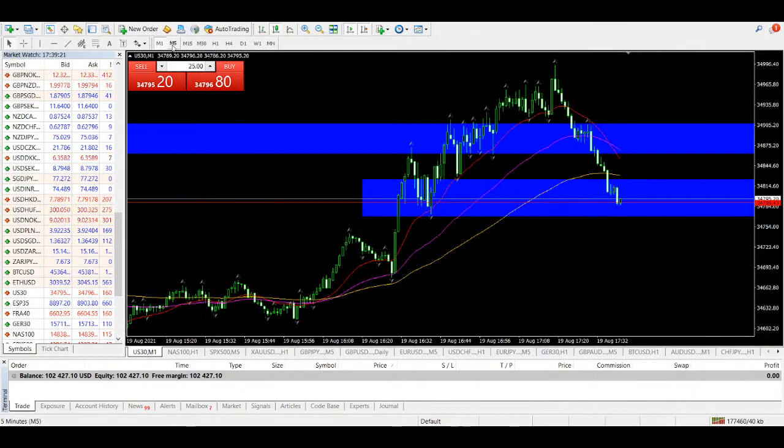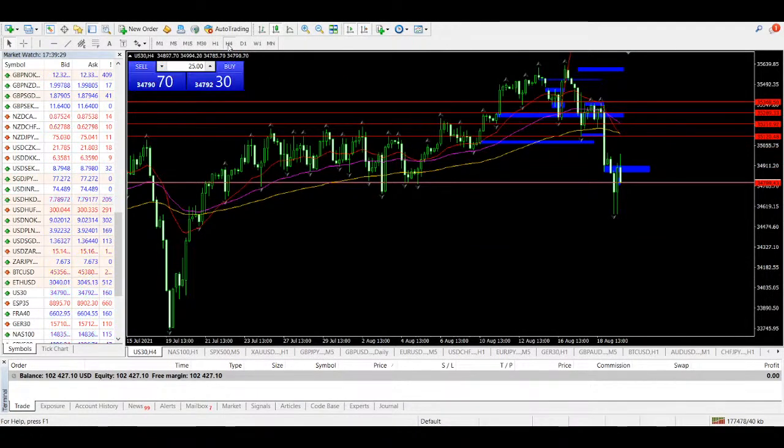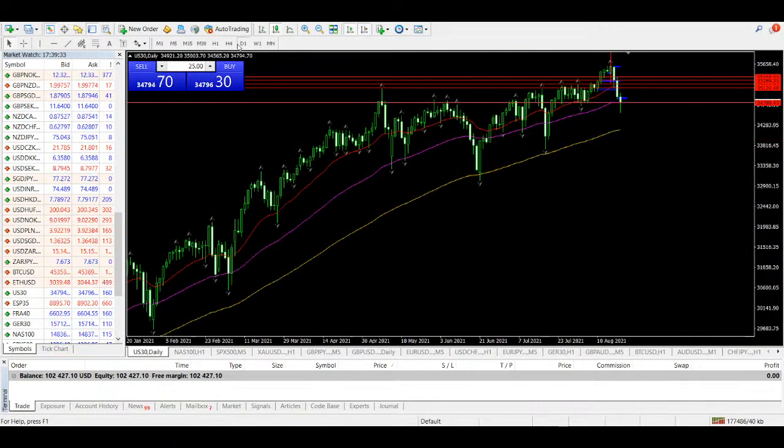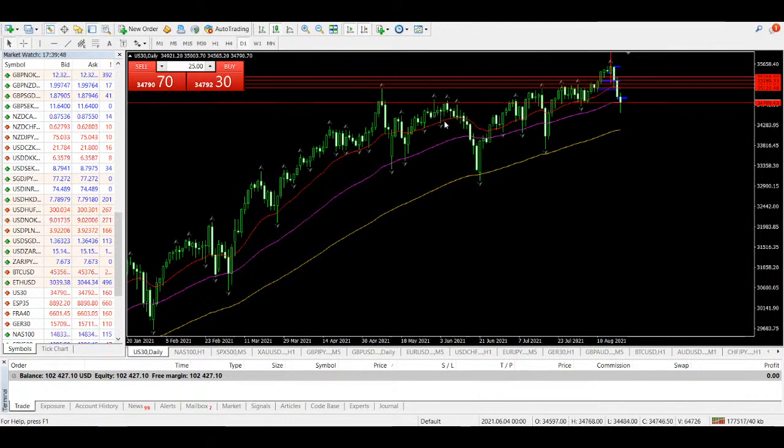I don't know if the Dow is going to bounce back or not. It's kind of in a bit of a no man's land. Oh, it's in this area, right? So all this is all this.